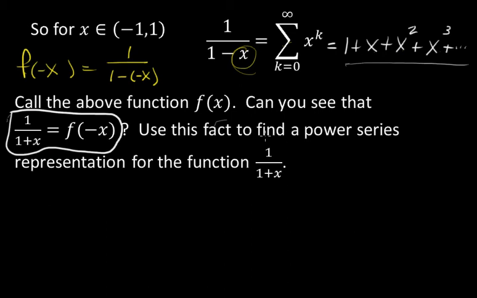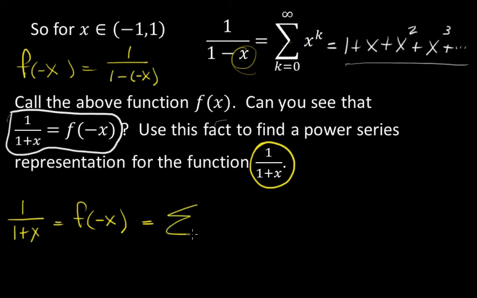So let's use this fact to find a power series representation for 1 over 1 plus x. I'm going to write 1 over 1 plus x is the function evaluated at minus x.